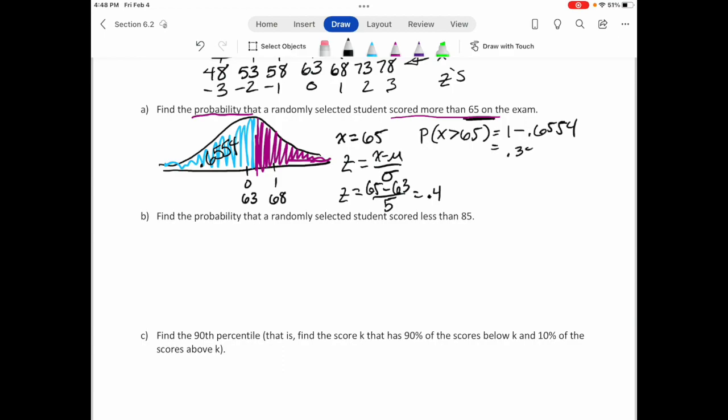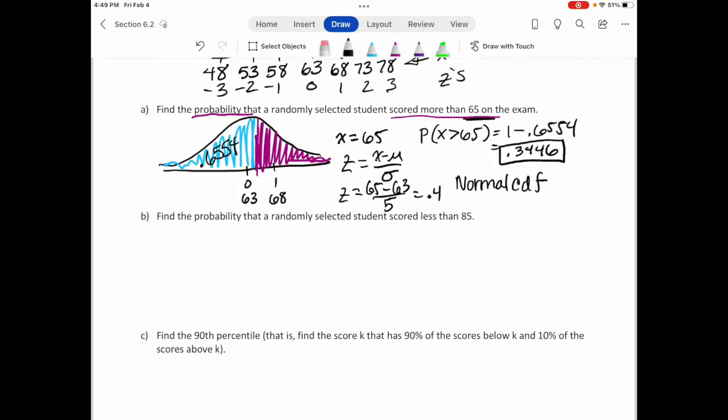Now when I do that, I'm going to get 0.3446. Now using the calculator, we are going to use the function on our calculator called normal CDF.